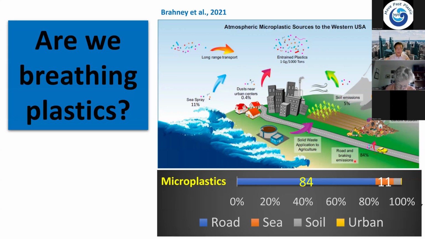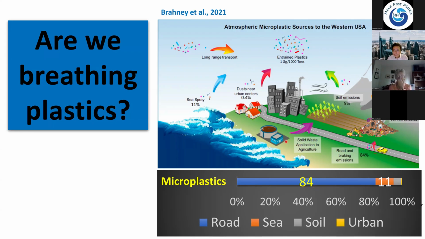The rubber materials are also part of the synthetic polymers emitted to the air, so those contain microplastics. Surprisingly, they estimated the microplastics in the air mostly came from the road and tire wear.